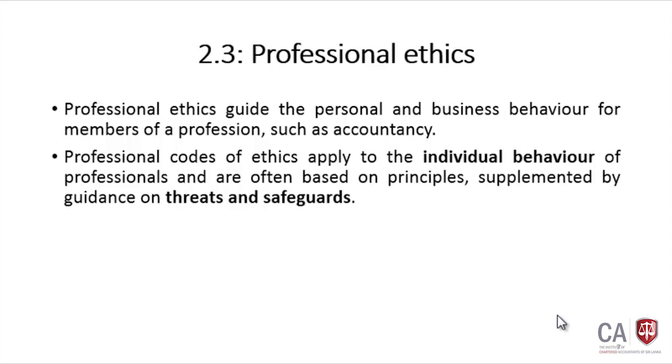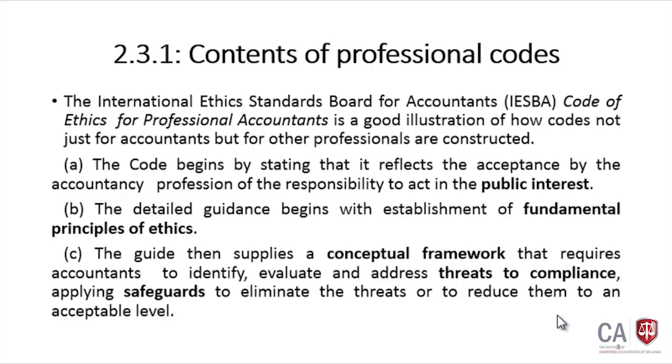Then we will move to 2.3.1, content of professional codes. This may vary from one profession to another. So we look at the professional codes applicable for accountants, for example the International Ethics Standards Board for Accountants Code of Ethics for Professional Accountants.